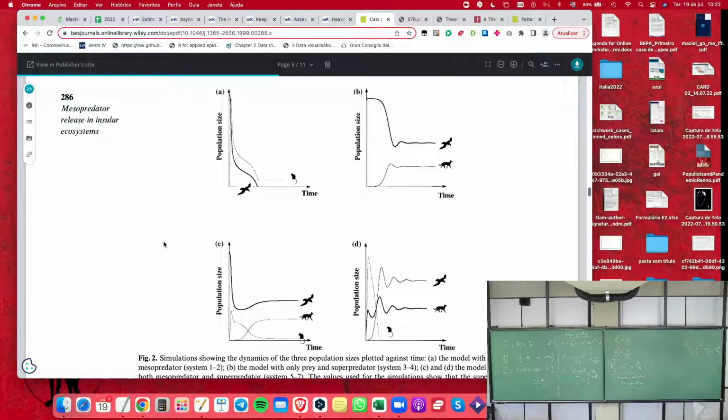So the cat is actually regulating the populations of both the birds and the mesopredator. Without the cat, you get this, at certain values of the parameters. You have to explore all the values. There are lots of things, but this is just illustrative of the kind of situation, and this is trying to model things that people know happened in nature.